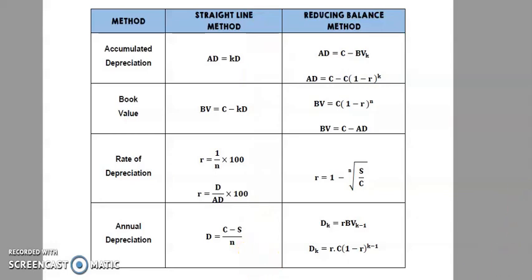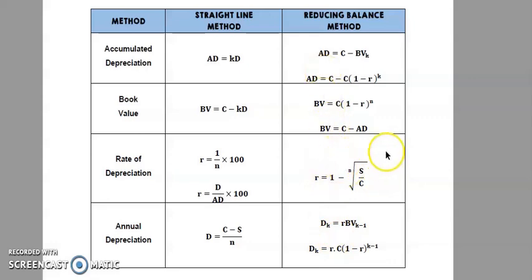Okay, reducing balance method. In the reducing balance method, the first thing that you need to know is the rate of depreciation. Remember, under reducing, the first thing you need to know is the value R here. In 1 year, it depreciates by how many percent? Once we get value R, then we can calculate book value, annual depreciation or accumulated depreciation.